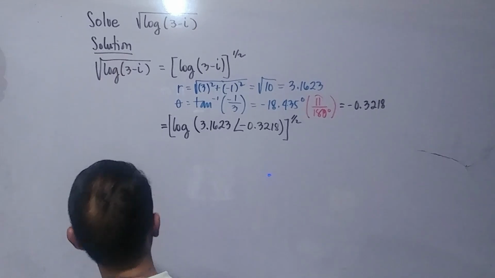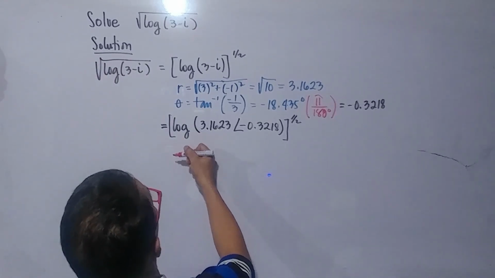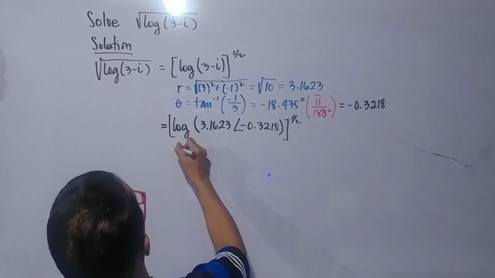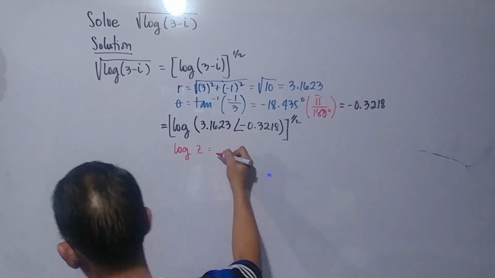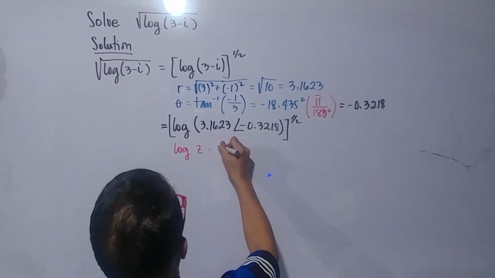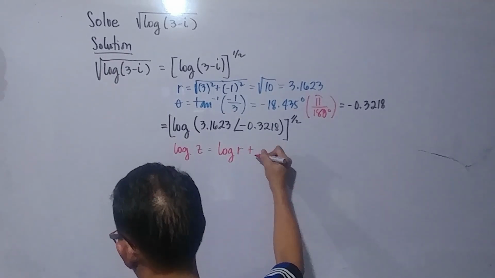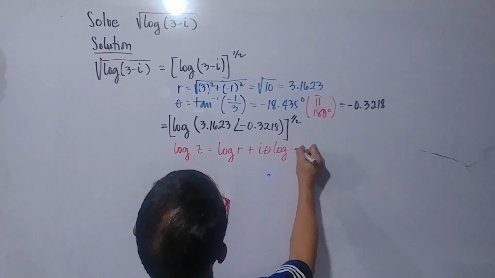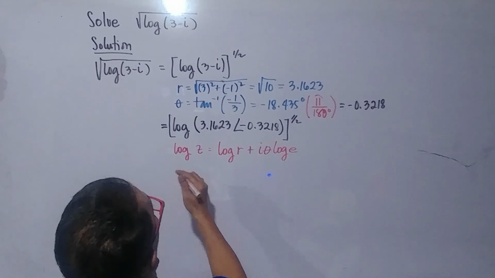Then from our formula for the logarithm, so logarithm of z equals logarithm of r plus i theta logarithm of e. Just follow.